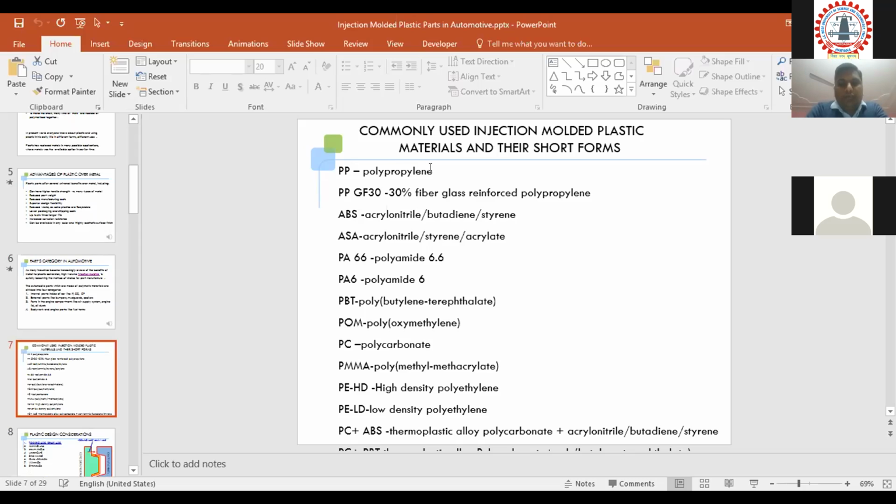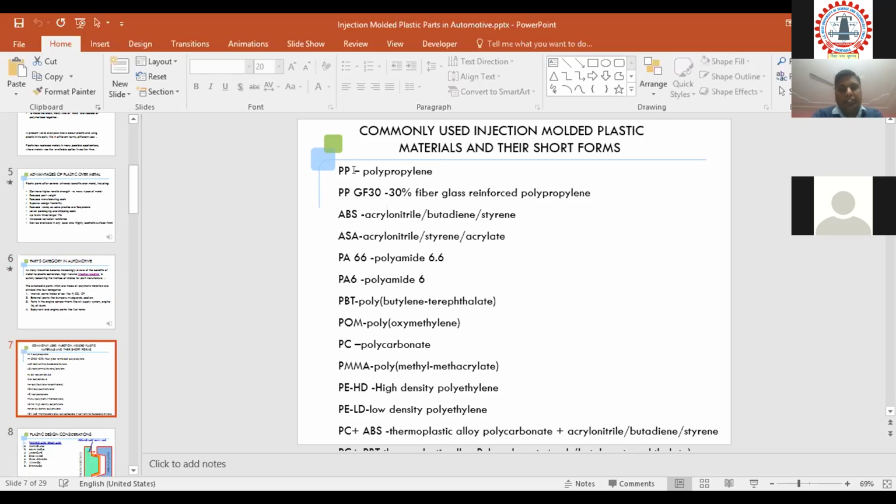It is also one of the cheapest among injection molded plastics. It is used for bumpers, door trims, some instrument panels also, all the big parts which we can see in our automotive.